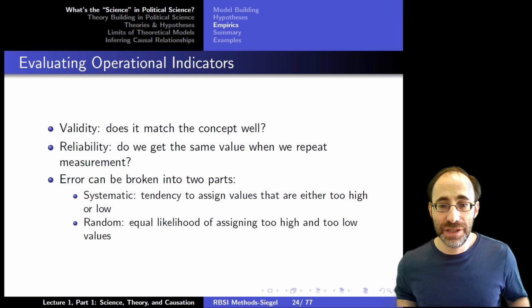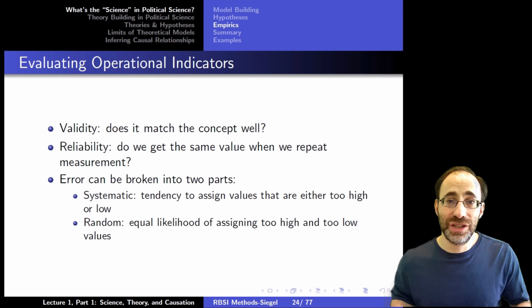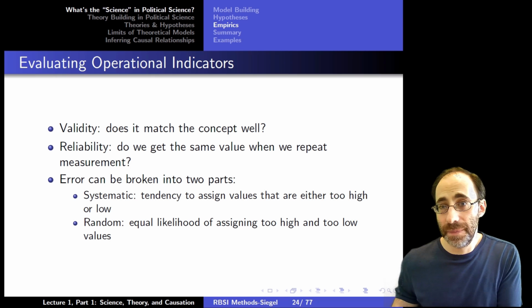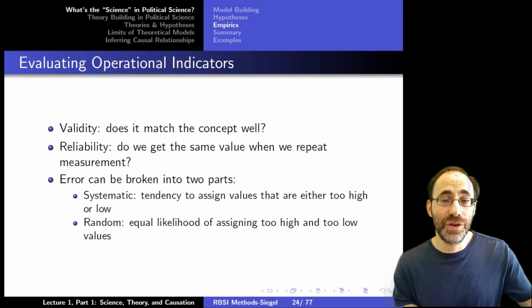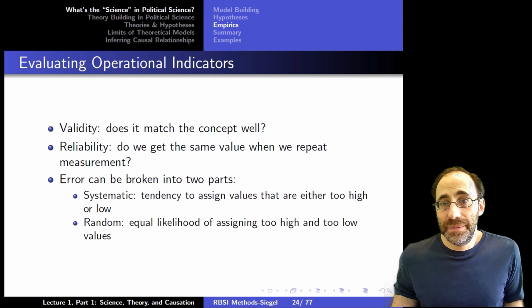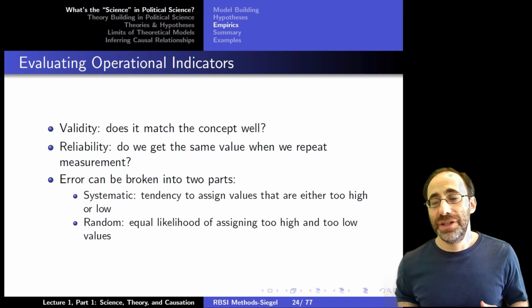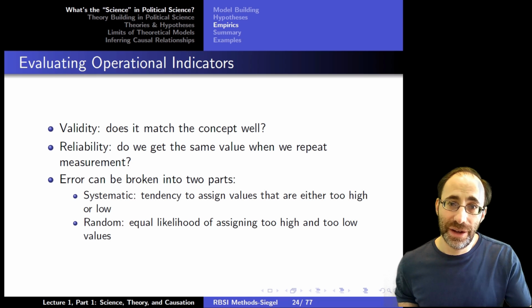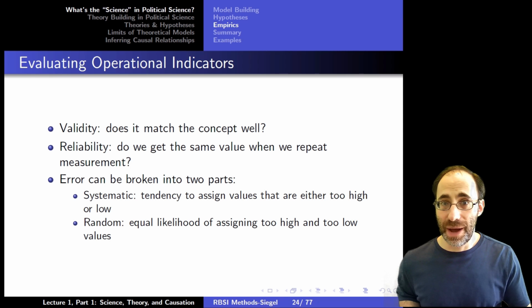So if my concept is turnout, then the most valid way of getting that is probably to actually find out who turned out to vote and match it to other characteristics of that person. Less useful ones might be ones that go further afield, like self-reported turnout, which might be less valid because of the inherent bias in asking people how they voted.